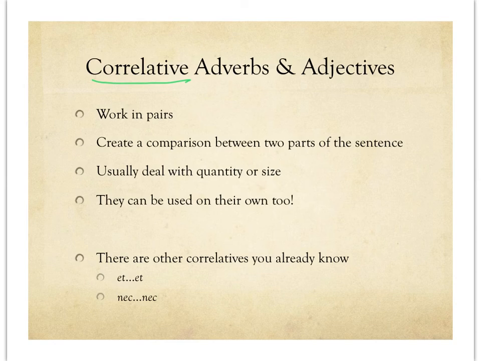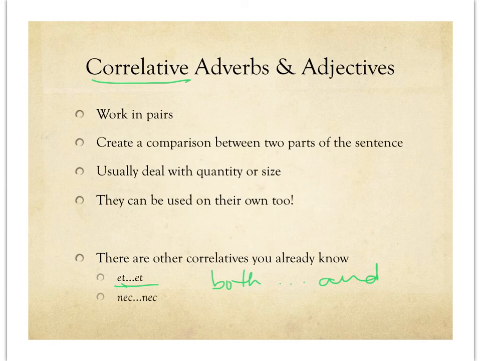It's really pretty clear. Now, you have already learned some correlative adverbs, and those are when we use et, for example, not on its own, but et plus et to mean both and. So, et canis et porcus, both the dog and the pig.